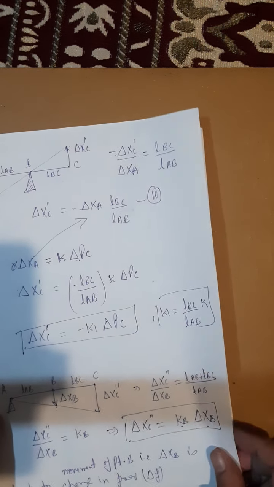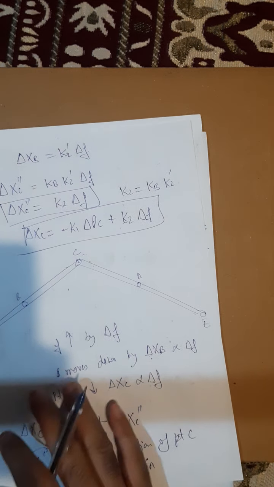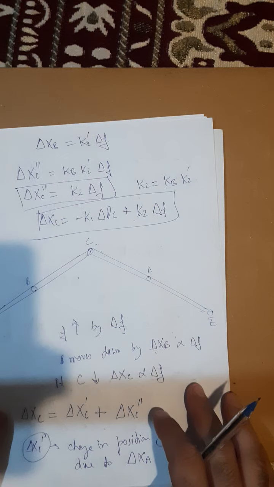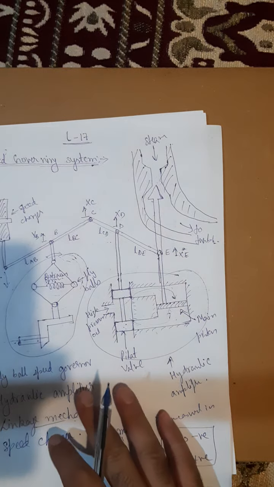So k1 and k2 will depend upon these factors. So we have solved for the movement of point C. Now let's see what will happen next.